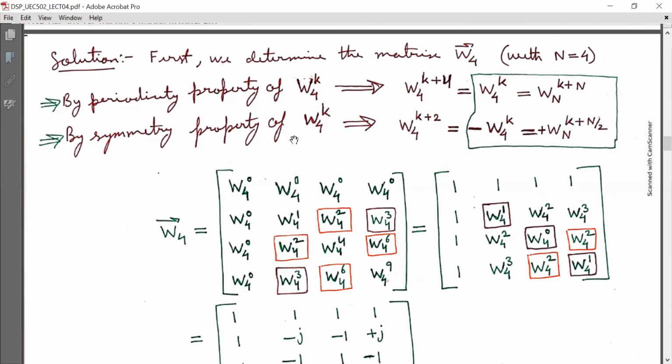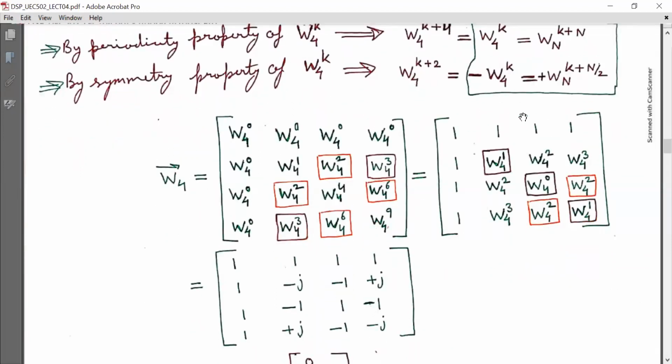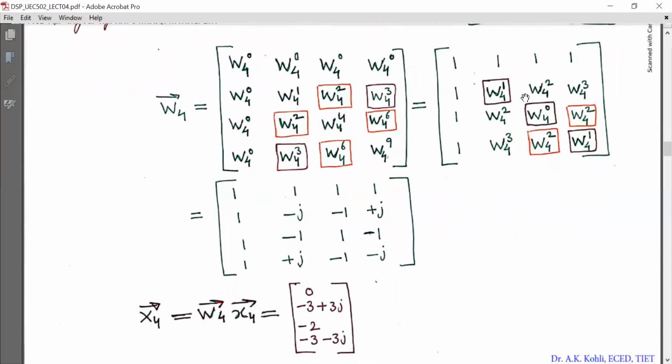By symmetry property of twiddle factor, we can analyze that W raised to power k plus N by 2 is equal to minus W raised to power k, and this can be easily verified. What we need to do is form the twiddle factor matrix for capital N equal to 4 with dimension 4 cross 4.